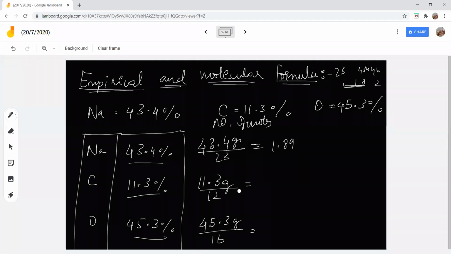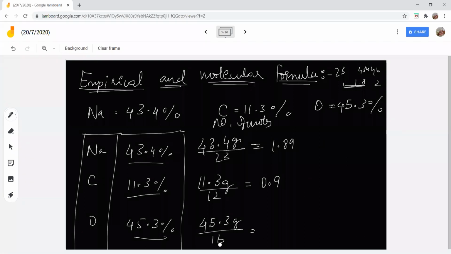Similarly, 11.3 by 12. 12 by 12 is 1. If the numerator value is reduced, the total value will also get reduced. Am I right or no? So 12 by 12 is 1 and 11.3 by 12 will be slightly lesser than 1. So let's consider it as 0.9 something.